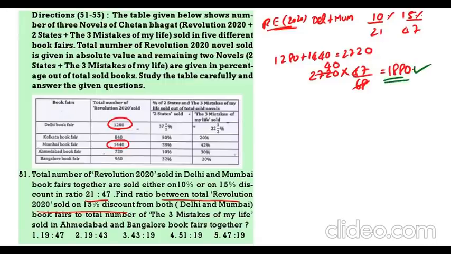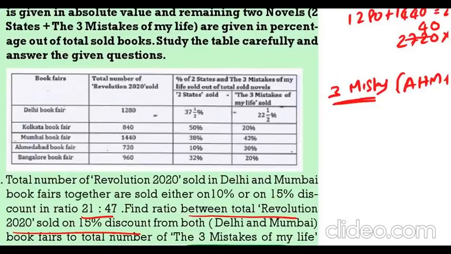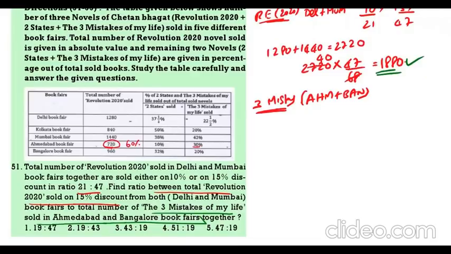Now, 3 Mistakes of Life sold in Ahmedabad and Bangalore. Now you see Ahmedabad carefully. 720 is Revolution. So 30 plus 10, 40. So 60% is 720. We want 3 Mistakes, that is 30%. If 60% is 720, 30% will be equal to 360. So Ahmedabad value is 360.